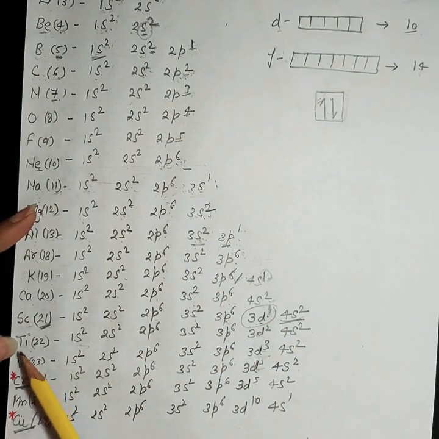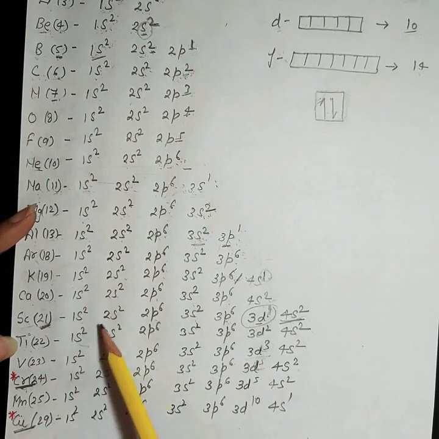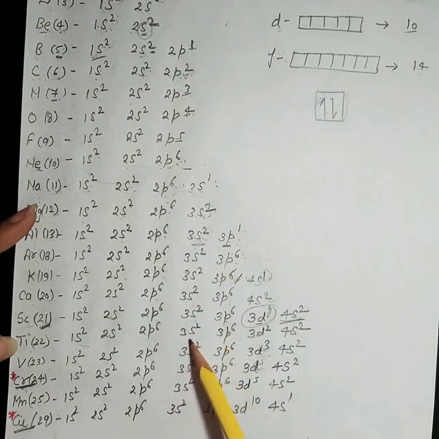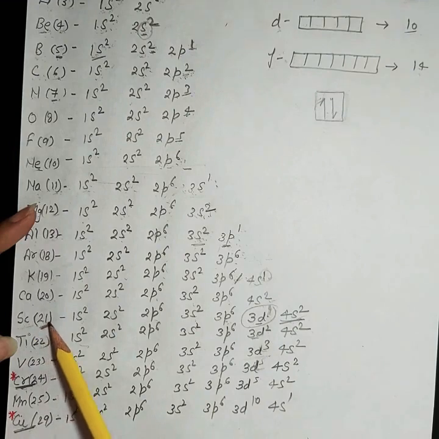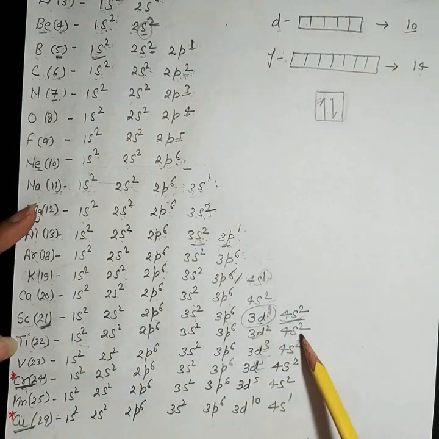Now for titanium, titanium has 22 electrons. So for 22 electron distribution, we will write 1s2, 2s2, 2p6, 3s2, 3p6, 3d2. After 3d1, for titanium we will write 3d2 because it has 22 electrons and scandium has 21 electrons. So 3d2 and 4s2.